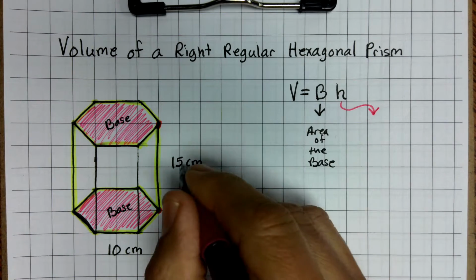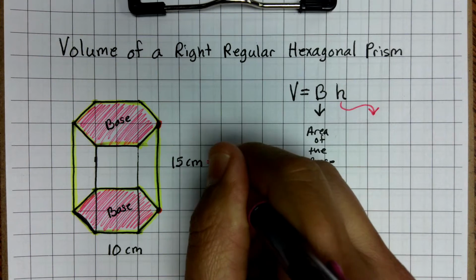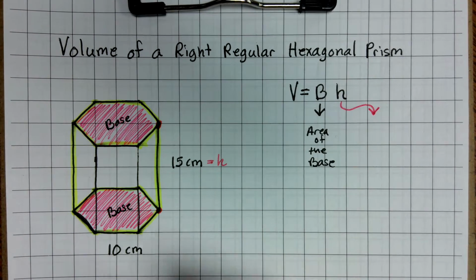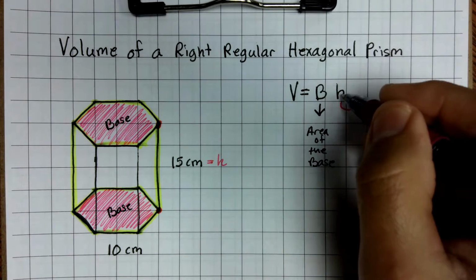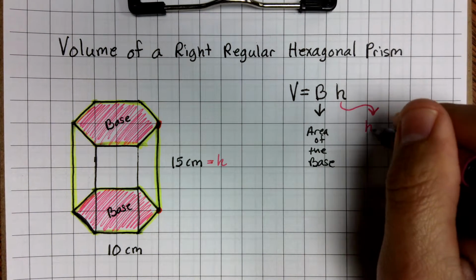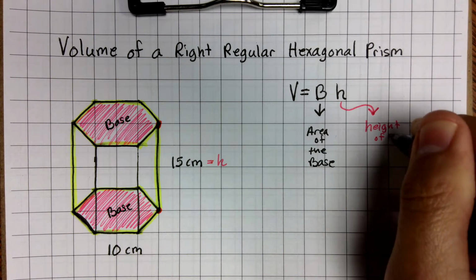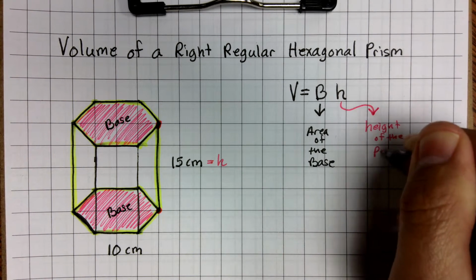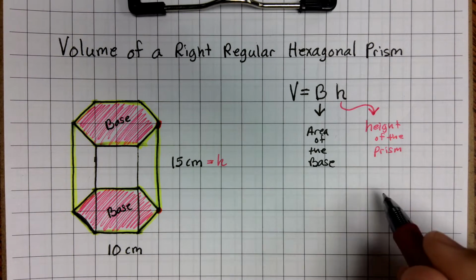So we can indicate this and say 15 is going to be my height. And now we can go over here and say this H is going to be the height of the prism, which you can see over here is 15.